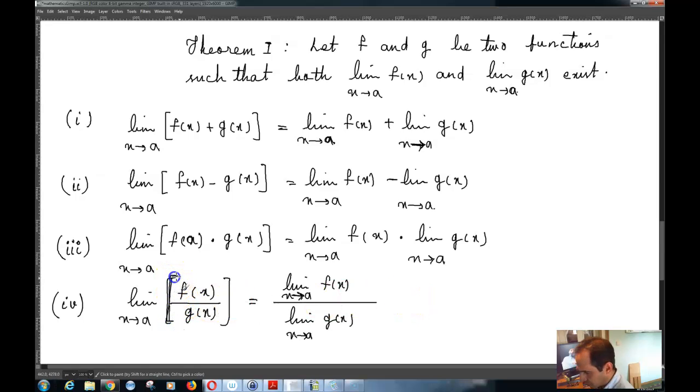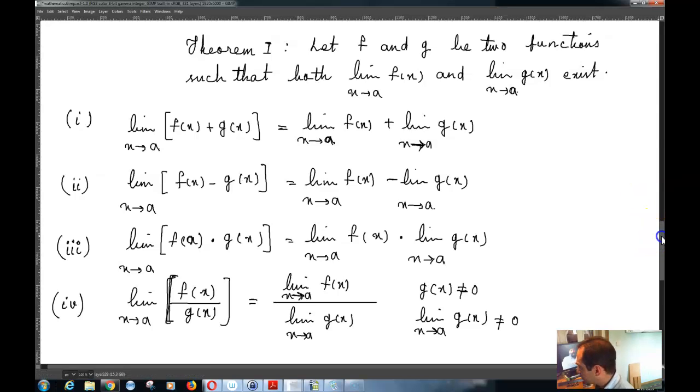Meaning that g of x has to be not equal to 0, and the limit of g of x as x tends to a has to be not equal to 0. That's basically the algebra of limits.